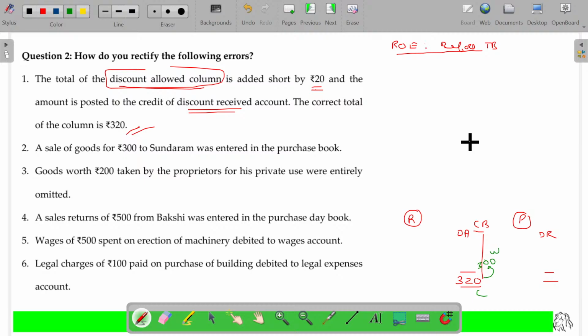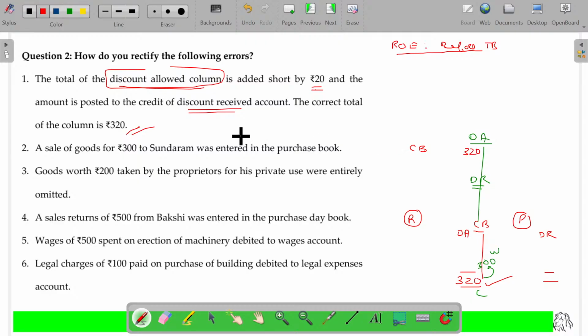Usually what you do, the total will go to the discount allowed account or discount received account. The correct posting should be this 320 should go debit side of the discount allowed. Discount allowed, sundries from cash book.